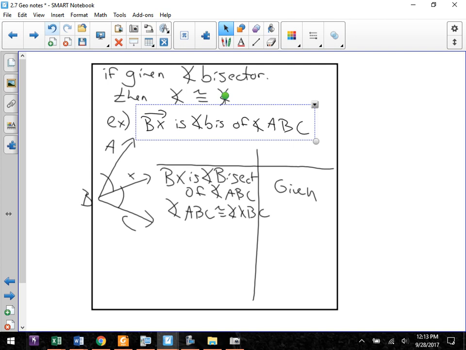And my reason here is going to be because we use the definition of an angle bisector. So your reason is the definition of angle bisector.